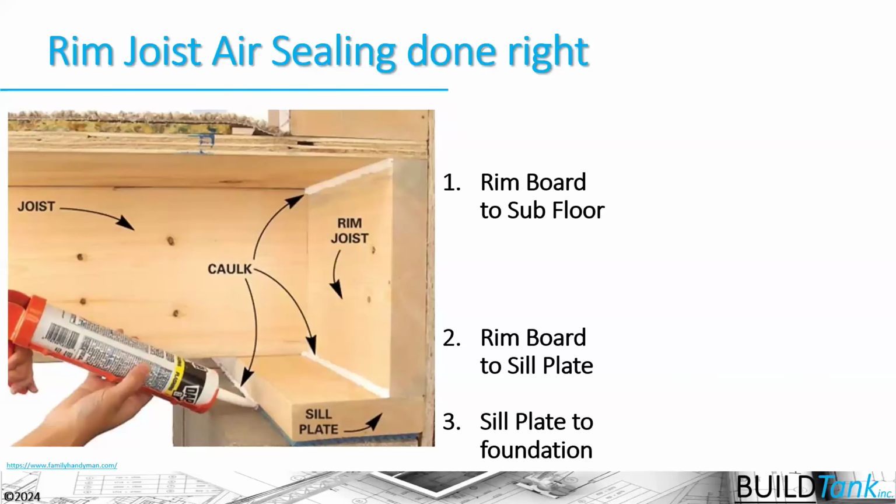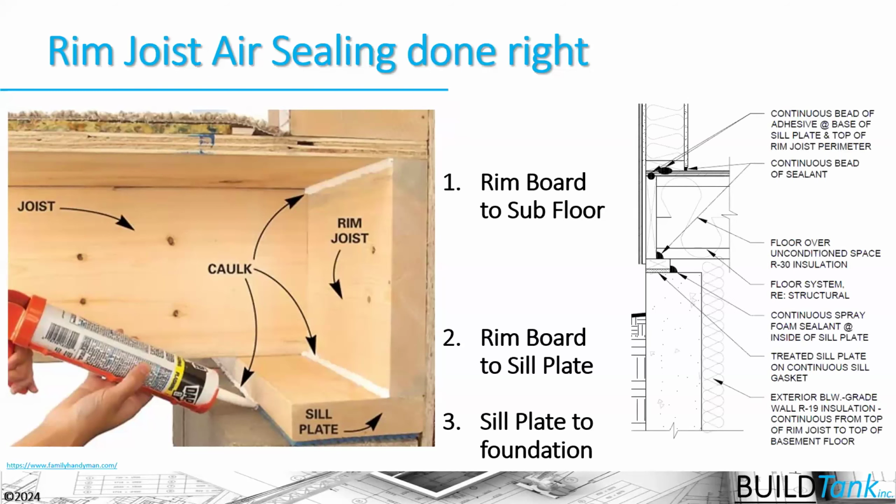Now, this section of the code basically says that at our rim joist, the insulation doesn't have to be enclosed on all sides with an air barrier system, which means that the rim joist itself needs to be a rock solid air barrier. The code asks us to put a detail in our construction documents to help detail that.